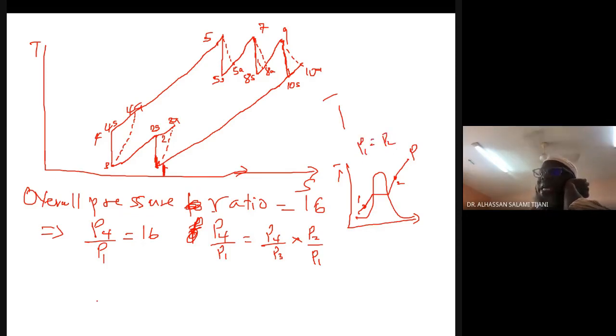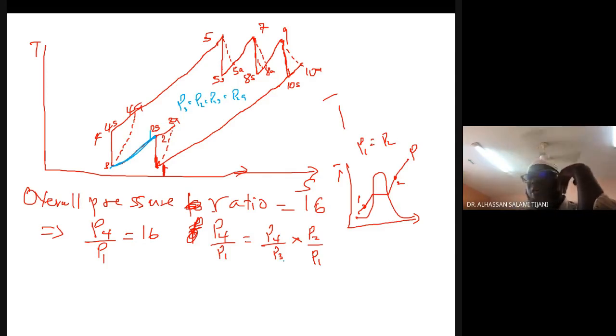The same thing over here. The pressure at this state, this line corresponds to a constant pressure line. It means P3 and P2, they are the same. P3 equals P2, equals P2S, equals P2A.